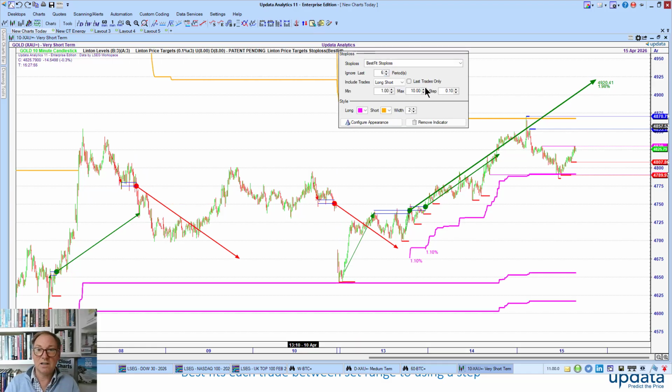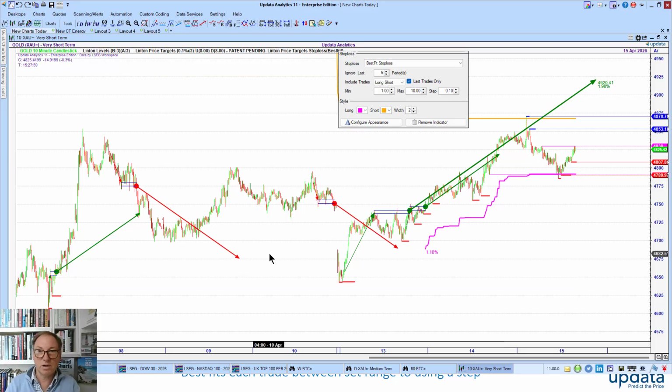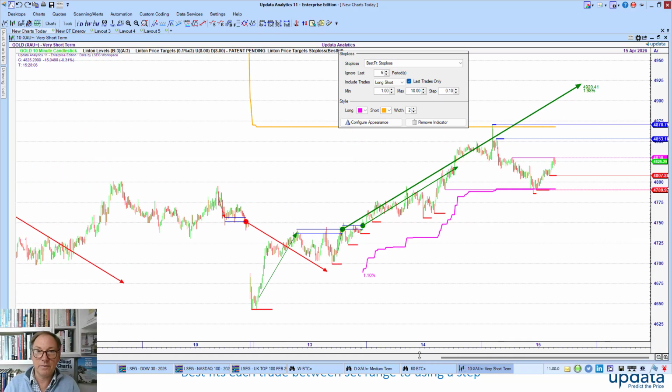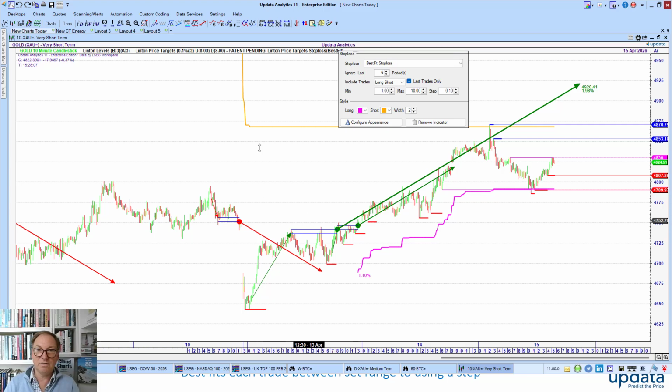I set levels, and I'm going to just say last trades only because those previous ones are not so important to me. And what's really interesting here is for that stop there, the best fit is still in train, but here that's just showing me the stop that best fits. It's 1.1%. You can see I've got a step here, but that is really quite cool.